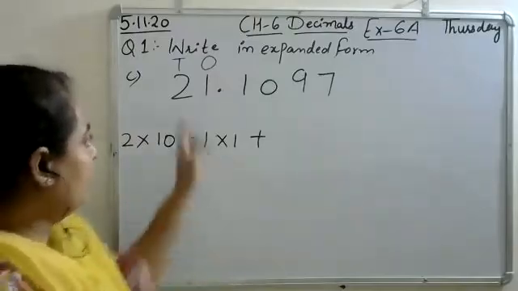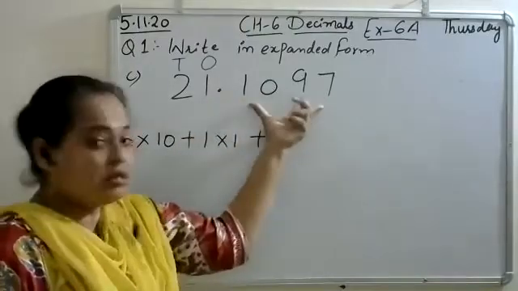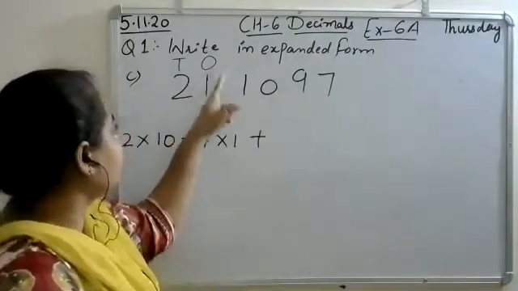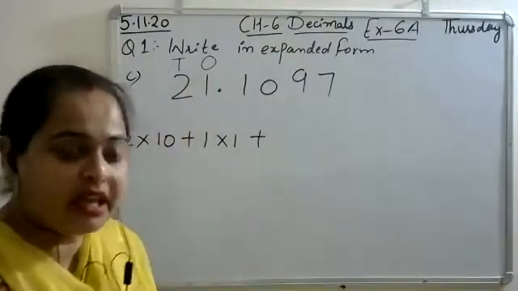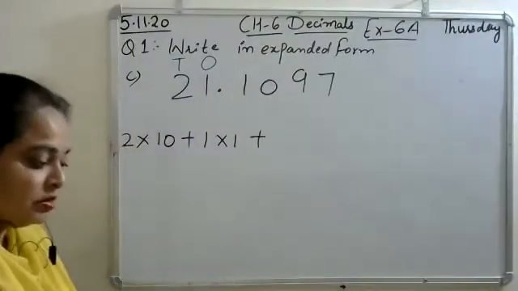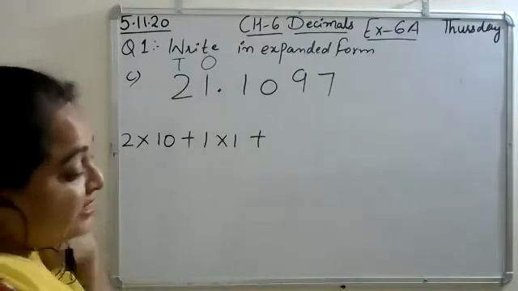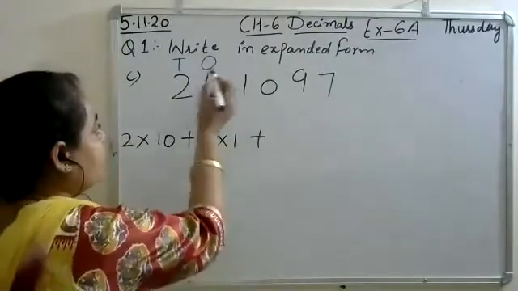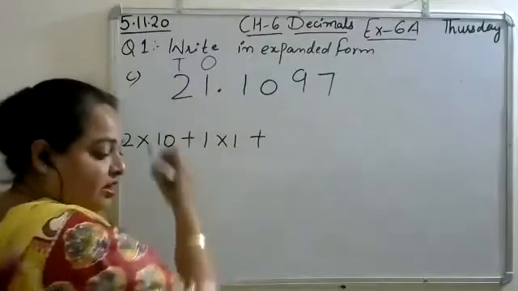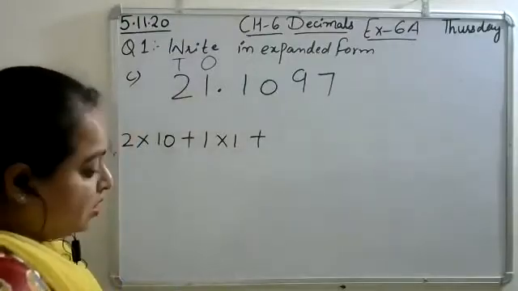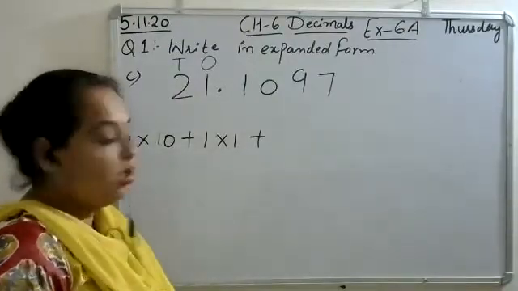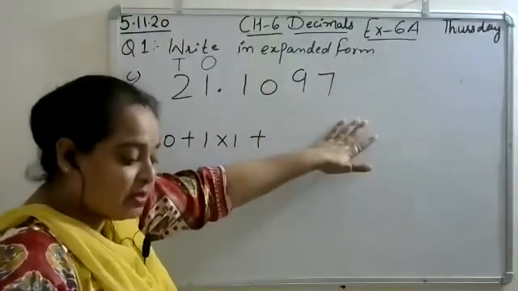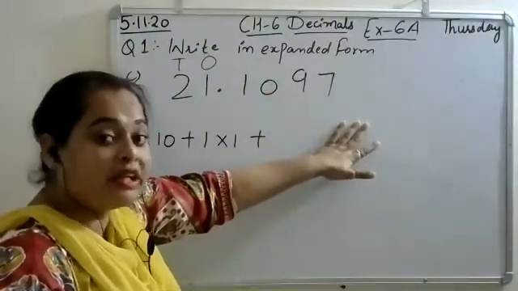Now tell me, on the right hand side of the decimal, is this Indian system of ones, tens, hundreds applicable or not? Write in the chat box. Very good, Kinjal. No. On the right hand side of the decimal, the Indian system is not applicable.